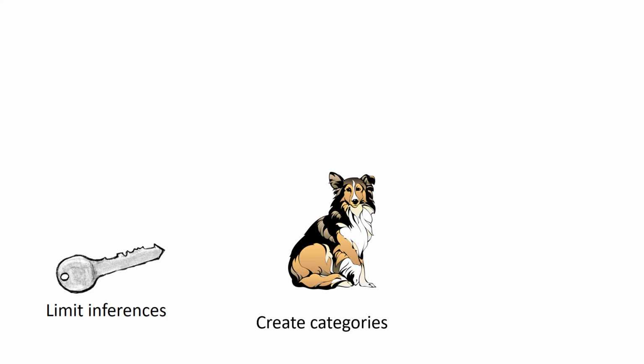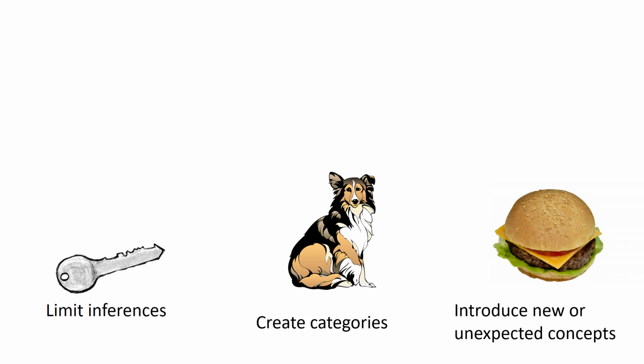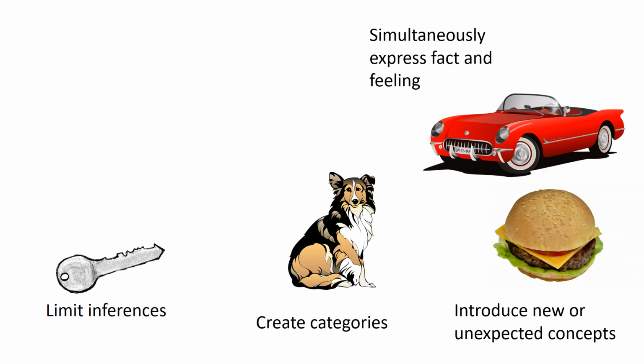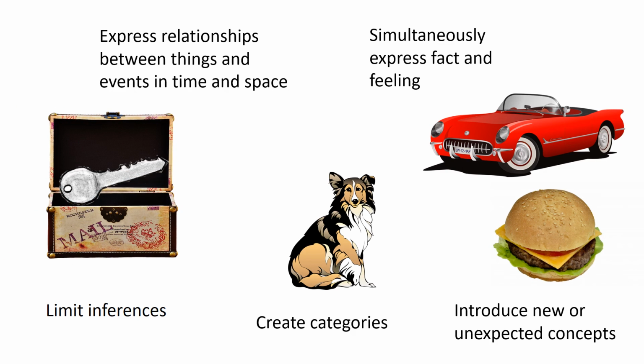Third, words allow us to introduce ideas that the people we are talking with would not have thought of based solely on their understanding of the immediate context. Fourth, words allow us to simultaneously convey both facts about the world and our opinion of those facts. And fifth, through grammar, words allow us to convey information about the relationship in time and space of the people, things, and events we're talking about.